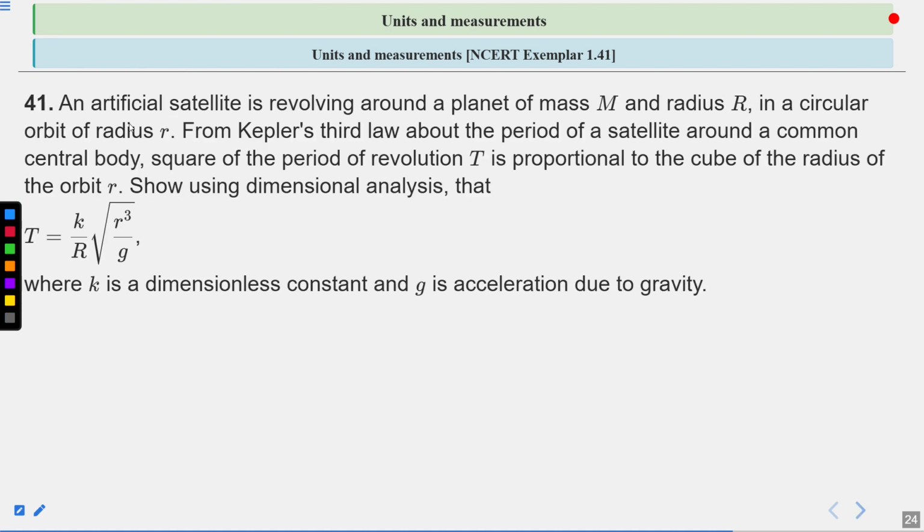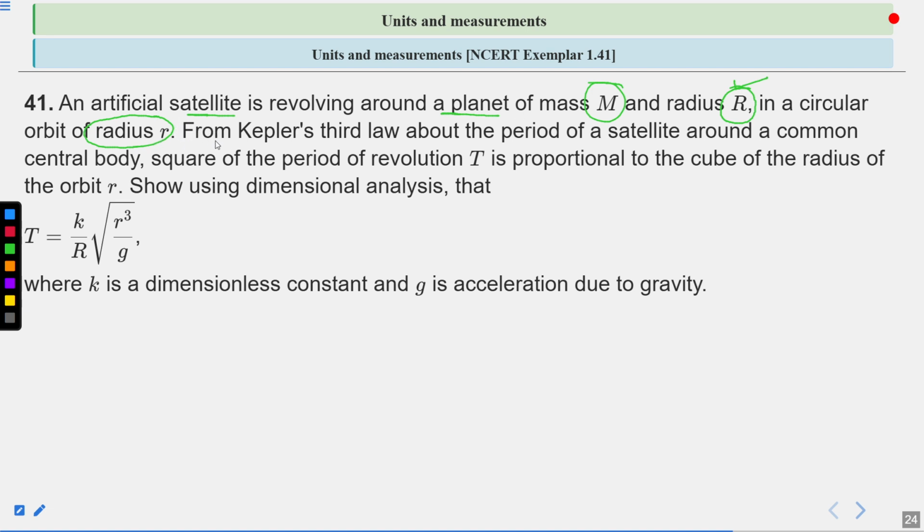Next question. An artificial satellite is revolving around a planet of mass m. The mass of the planet is m and radius R, in a circular orbit of radius r. Here the important thing is this: capital R is the radius of planet, and small r is the radius of orbit.